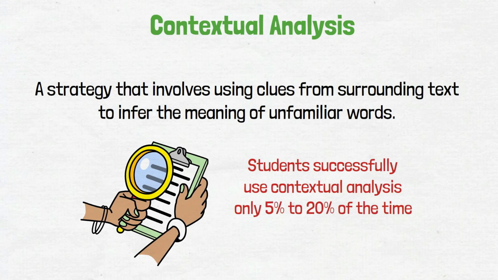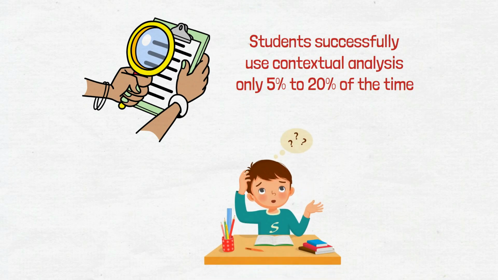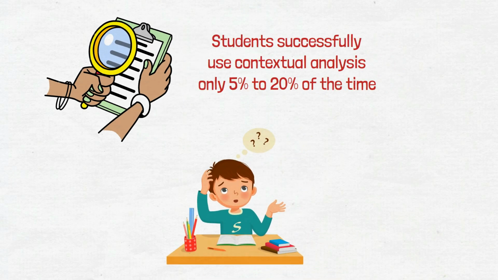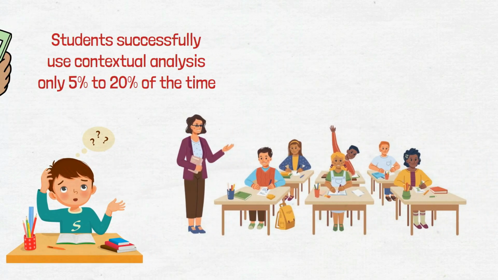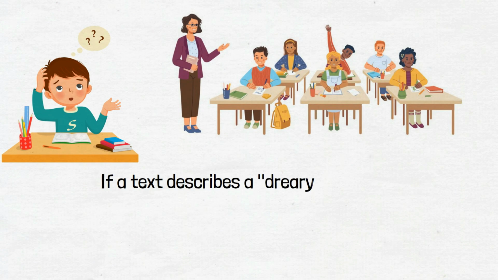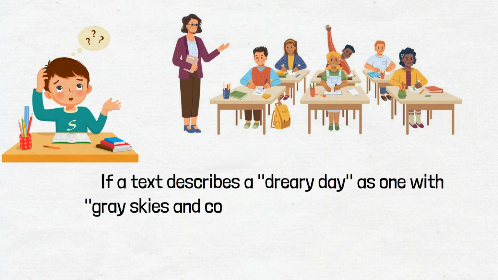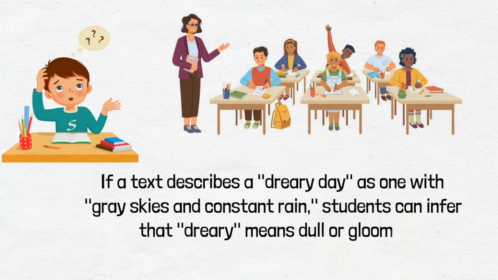Even when text clues are obvious, students often overlook them, highlighting the need for explicit instruction and modeling. Teachers can guide students to identify synonyms, antonyms, or examples within a passage to deduce the meaning of a word. For instance, if a text describes a dreary day as one with gray skies and constant rain, students can infer that dreary means dull or gloomy.